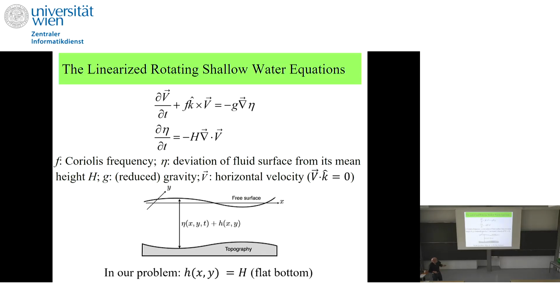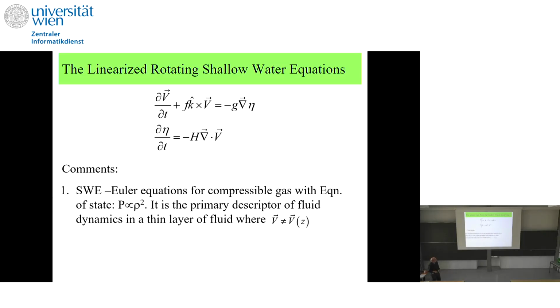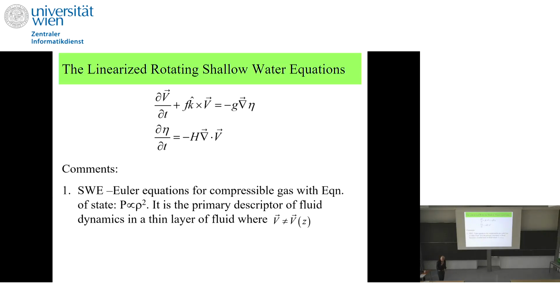So linear wave dynamics is linear here, and just to remark a few more words about the linearized shallow water equations, it's essentially the Euler equations for a compressible gas with an equation of state in which the pressure equals rho squared. If you think about eta as rho, then the pressure gradient is given by rho itself.